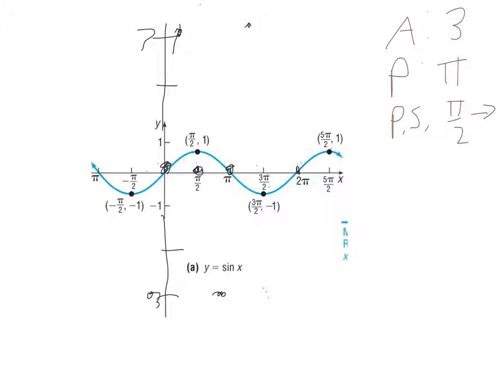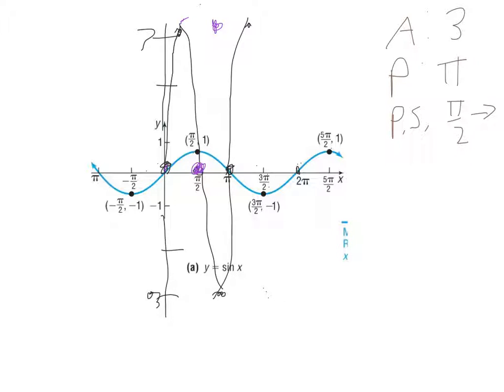So if we were to draw our graph, this is what it looks like so far, with the period and the amplitude applied. But we still need to shift it pi over 2 to the right. So this point that's at 0 is at pi over 2. This point that's at pi over 4 is now at 3 pi over 4.